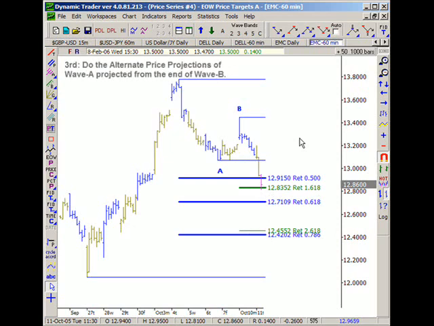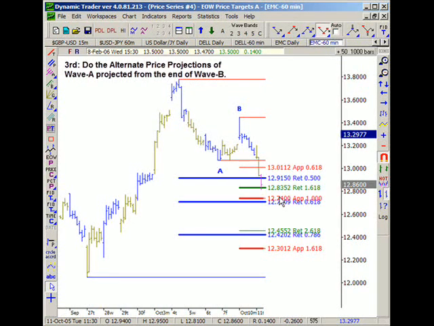So the third set of projections that we make is the alternate price projections. We measure the range of section A, and we project from the end of section B the 62%, the 100%, and the 162% alternate price projections.